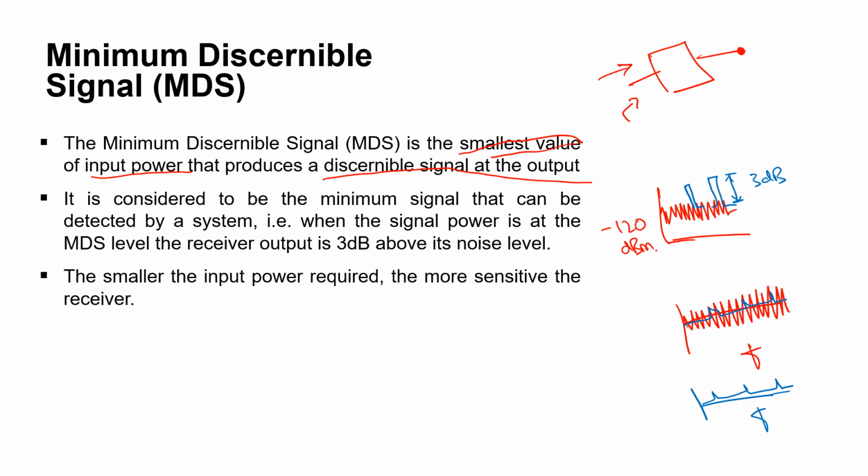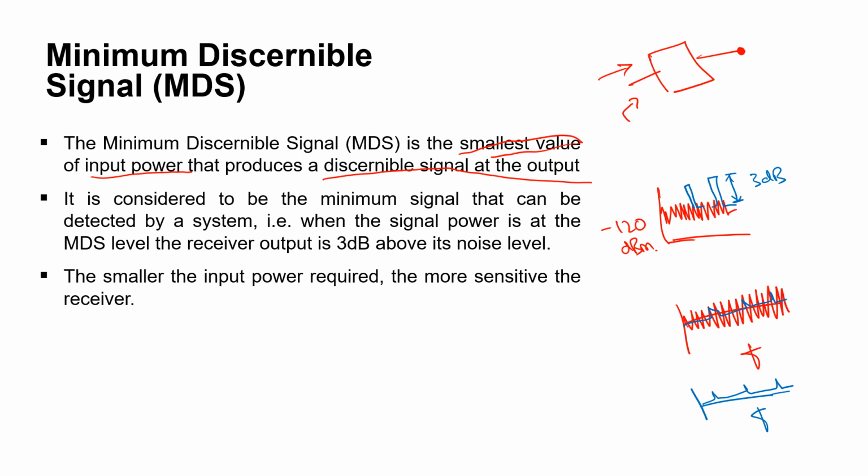The smaller the input power required, the more sensitive the receiver is. So you will see in industrial high frequency systems that low MDS, highly sensitive receivers are more expensive, and they have more sophisticated technology, and they have better reliability for receiving a signal.